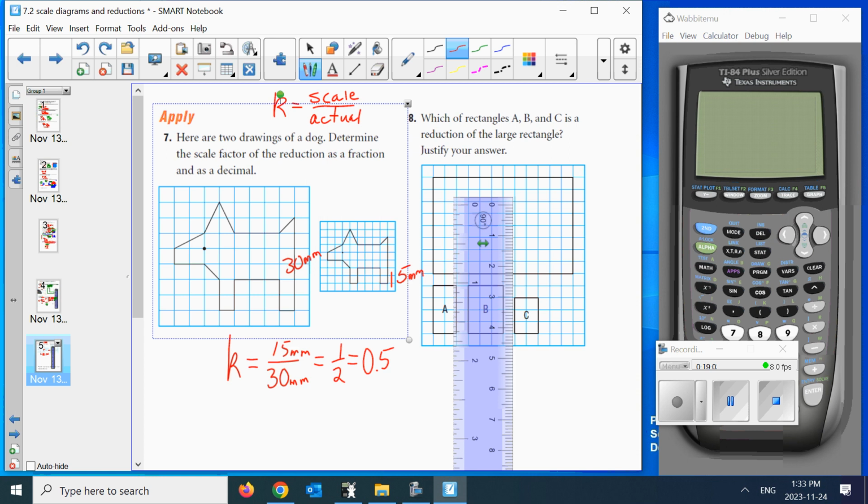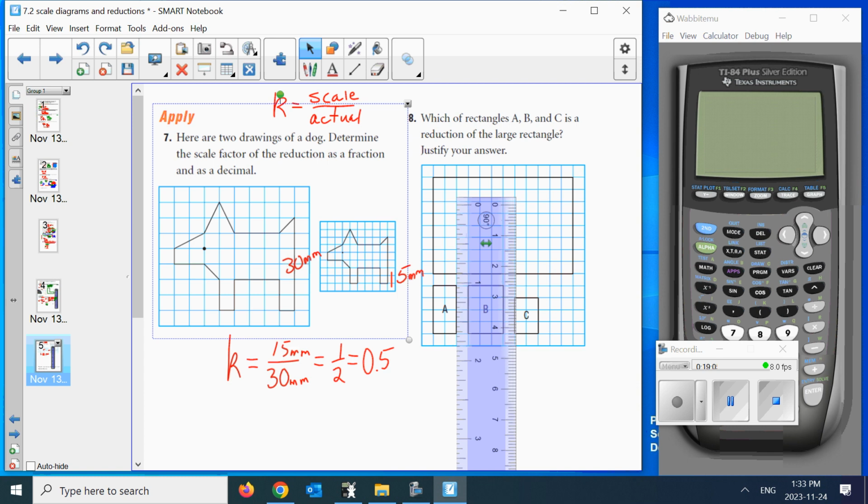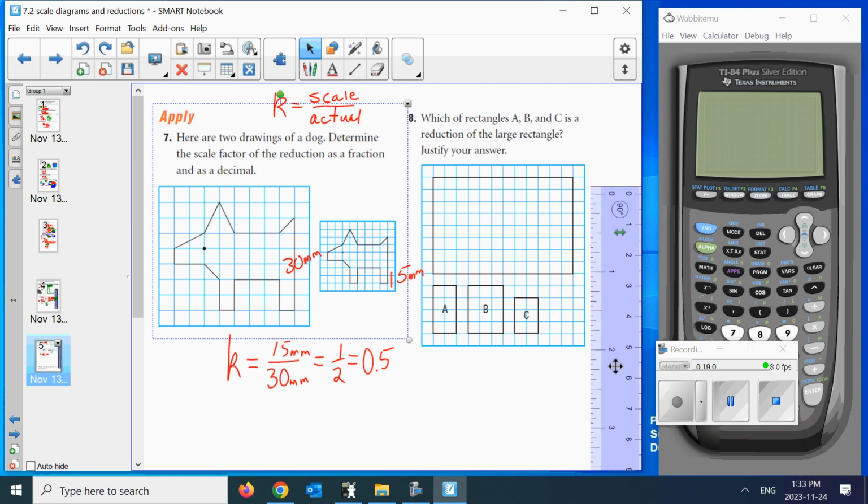The next question we don't need a ruler to do. 8. Which of the rectangles, A, B, C, is a reduction of the largest? Justify your answer. Now, we did this in the textbook the other day, but let's see if it makes more sense today. This is 1, 2, 3, 4, 5, 6, 7, 8 on the wide side.